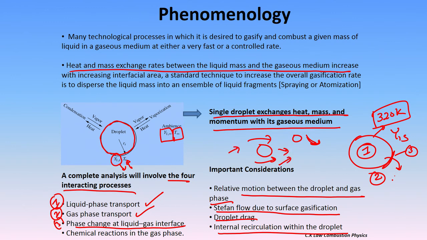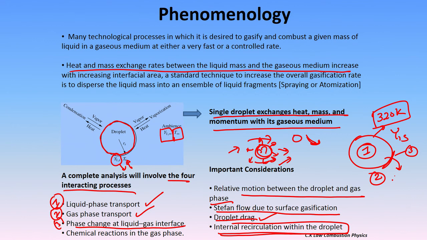When there is a relative motion between this droplet and the flow field, that is very important, because as you know, relative velocity also leads to droplet drag. That means you develop friction at the droplet surface. It also leads to internal recirculation, that means the liquid inside the droplet will also start to show some motion, and this droplet is actually an evaporating droplet.